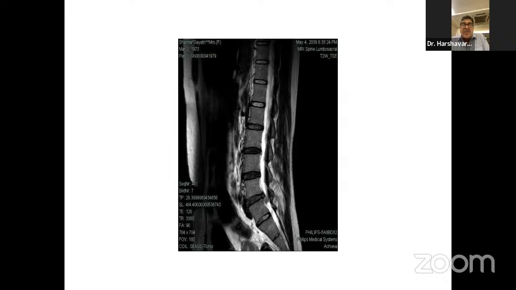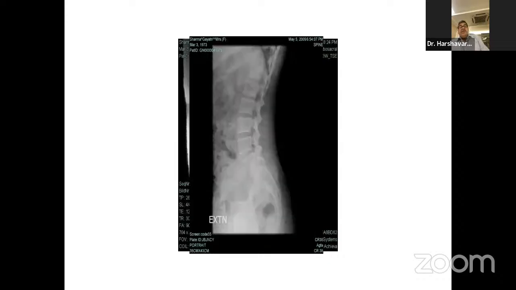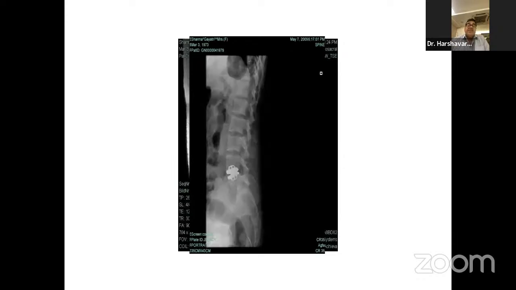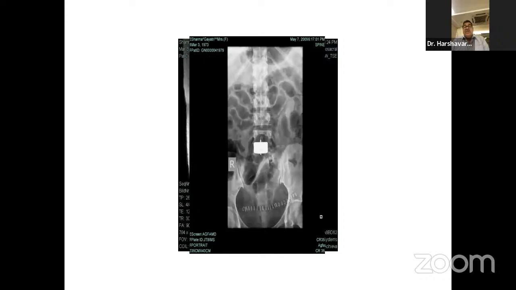If the pain still continues, then in those cases you have to consider disc replacement. Next slide. So this is what it looked like. It's fairly stable in flexion extension. Next slide, please. This is the X-ray. Next slide, please. This is her with the artificial disc. Next slide, please. This is what it looks like on the AP view. Next slide, please.